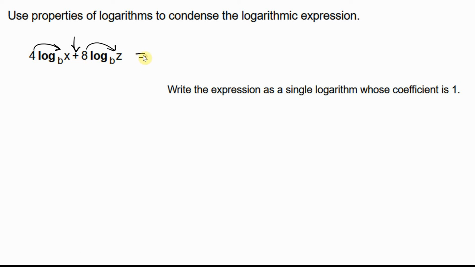I have to write this first. This is log base b of x to the 4th plus log base b of z to the 8th. Now I can convert this plus to the log of the product. So this is the log base b of x to the 4th times z to the 8th. That's the answer.